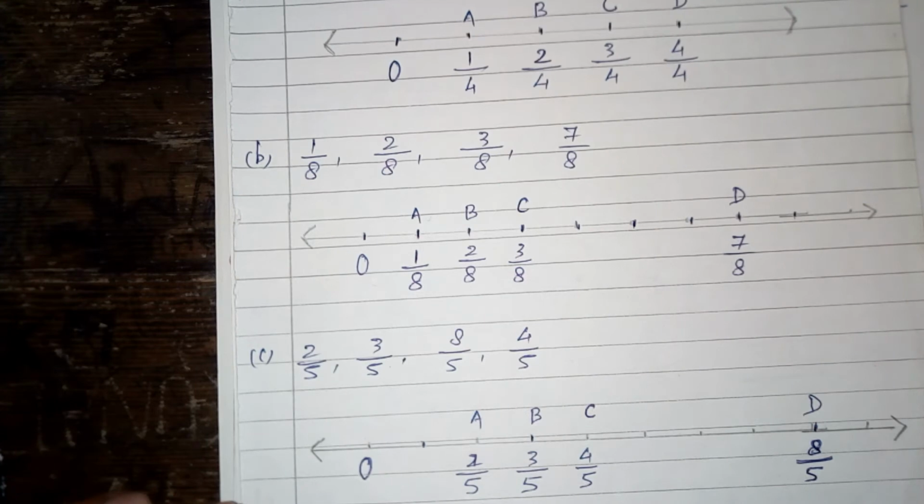Okay. Now your next question is 2 upon 5, 3 upon 5, 8 upon 5, 4 upon 5. In this condition the denominators of all these fractions are equal, that is 5. So first we make one number line, then we will mark at equal distance.